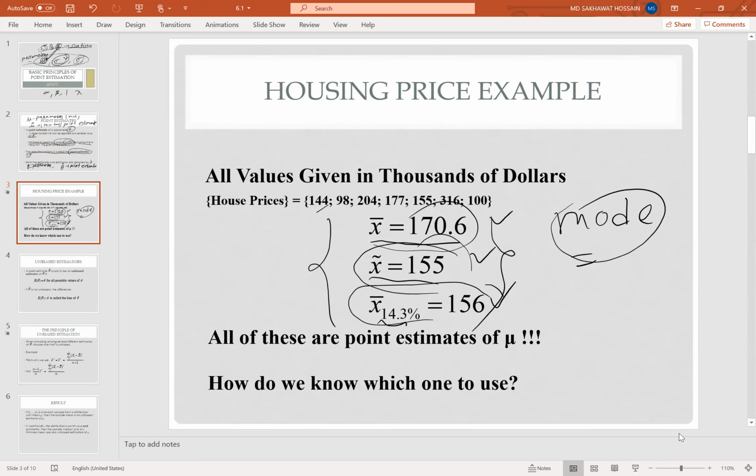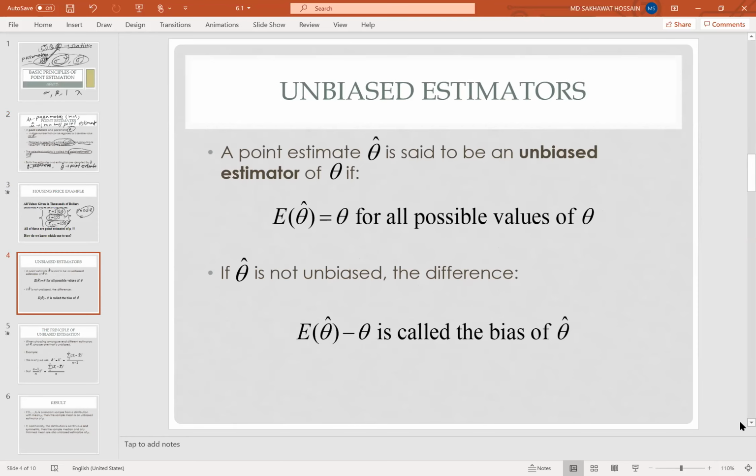So how do we know which one to use? You can have several point estimates, but you have to determine which estimate you want to use. So one thing is you have to consider an unbiased estimator.